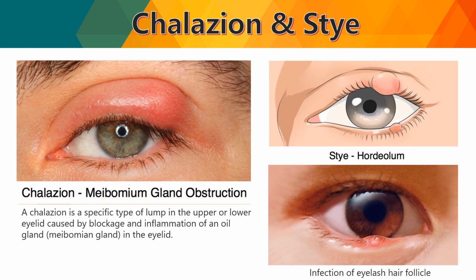It is different from your stye, which is what you call your hordeolum. Usually it infects naman the lower part of your eye. It is an infection of the eyelash hair follicle.